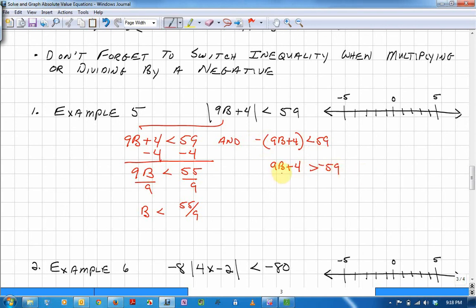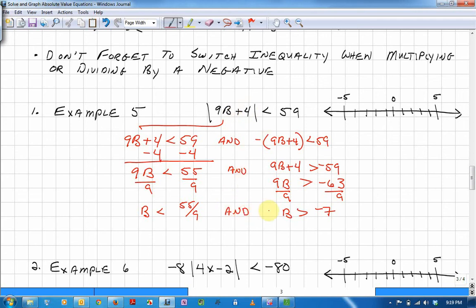Now I'm going to subtract 4 from both sides. So I have 9b is greater than, if I subtract 4 from -59, I get -63. Divide by 9. And I have b is greater than -7. And remember, these were ANDs because of the direction of that inequality after I got the absolute value isolated.